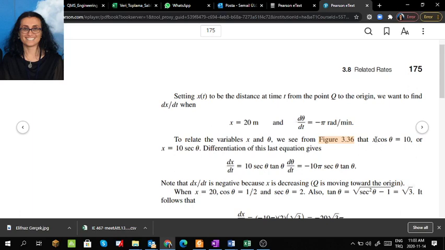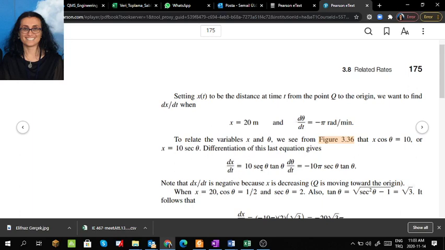We have this angle theta, we have the right triangle, so x cosine theta is equal to 10, a good relationship between x and theta. Or you can change it to x is equal to 10 secant theta, because secant is 1 over cosine. You can move the cosine to the right, and x is equal to 10 secant theta is a good relationship between x and theta. Then let's take the derivative with respect to time.